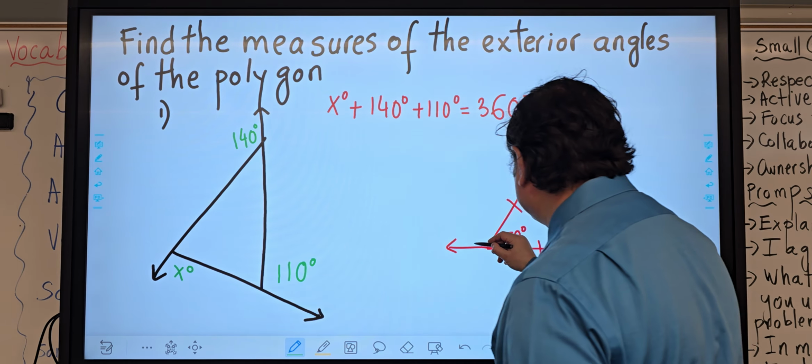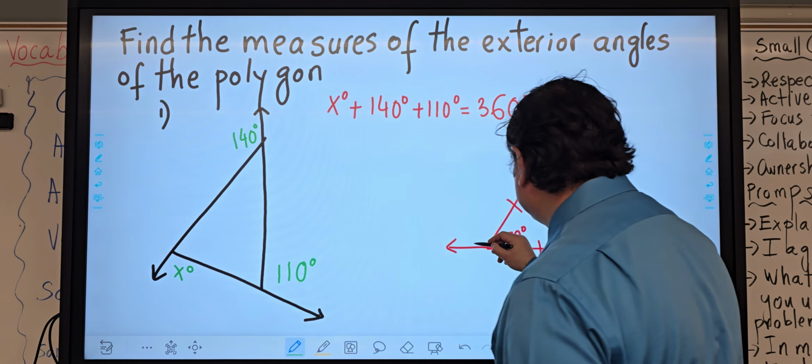If we subtract 180 minus 60, we get 120 degrees for that angle. The same reasoning applies to the other angles: 180 minus 60 gives 120 degrees.